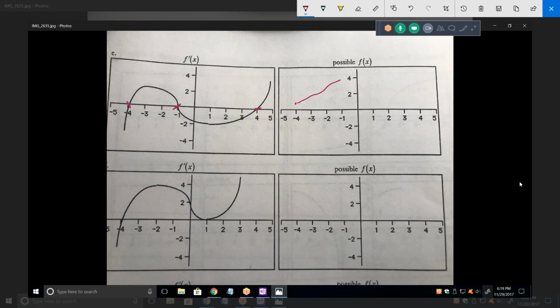Decreasing. Okay, that means there's probably a little top there, and it's going to decrease all the way to there. What's the function doing to the right of 4? It's increasing again. Okay, that means there's probably going to be a little bottom there, and it's going to go back up like that.